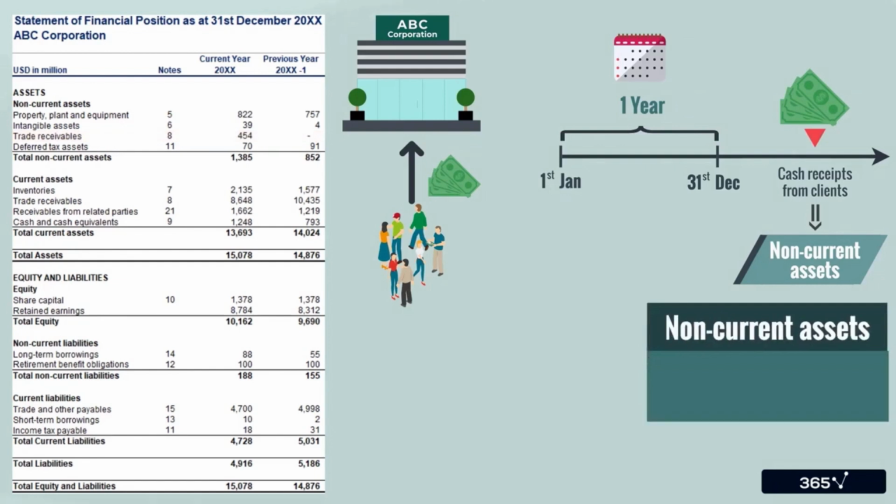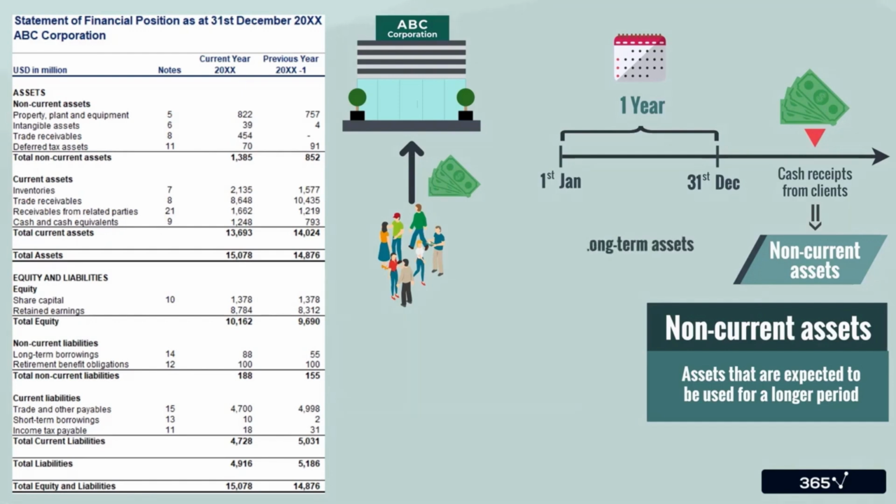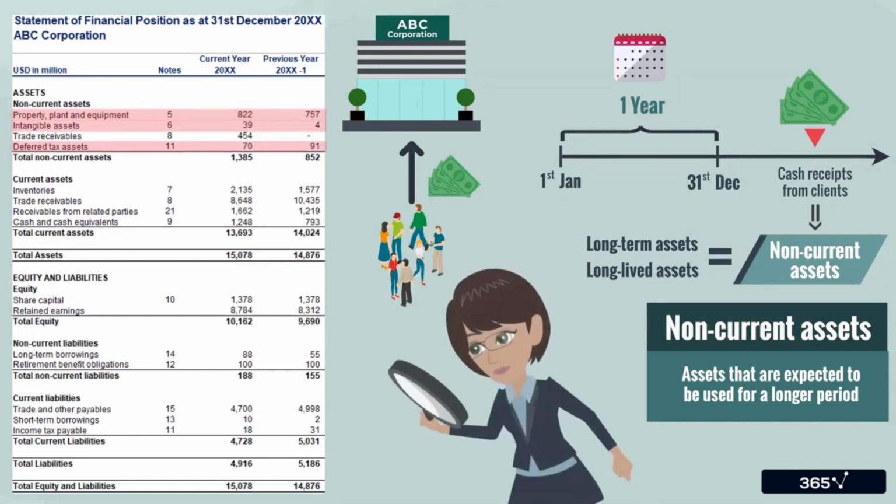In short, assets that are expected to be used for a longer period are defined as non-current, long-term, or long-lived assets. Common examples are property, plant, and equipment owned by the company, intangible assets, or deferred tax assets. As such, it is your job to find out what are the expected non-current assets and how much they will account for in the given period.